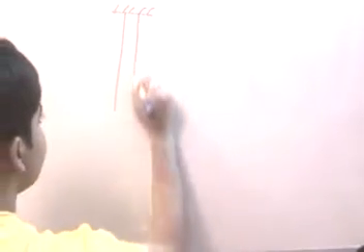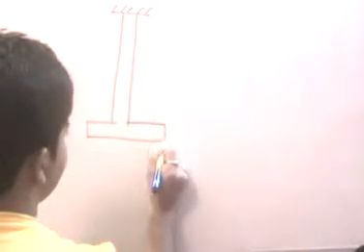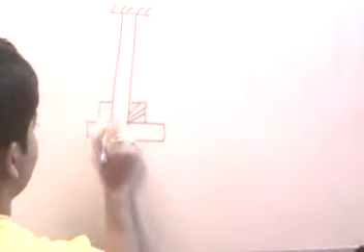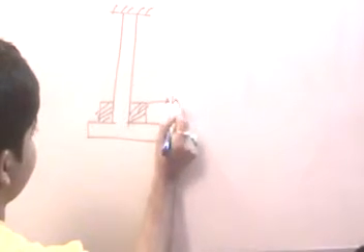Example, if I have again some kind of an arrangement like this, and suppose this is my prismatic bar, and I put a weight of W on, say, this bottom flange, right?